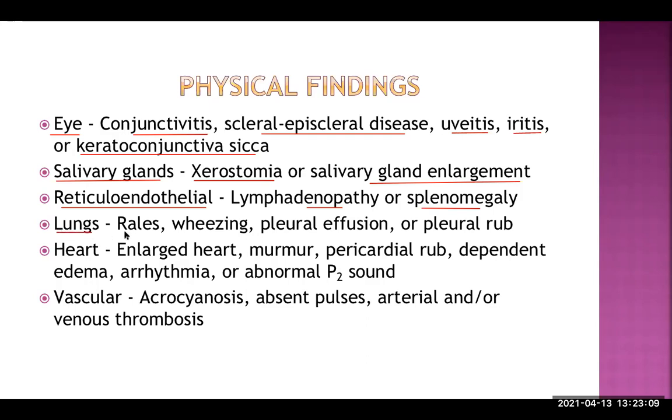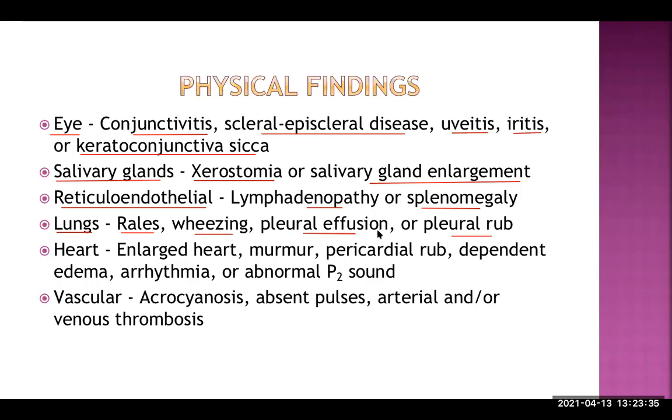Examination of the lung shows rales, wheezing, maybe pleural effusion or pleural rub. Rales or crepitation, especially if there is inflammation going on and accumulation of fluid inside the alveoli. Wheezing, if the bronchi or small airways become narrowed.